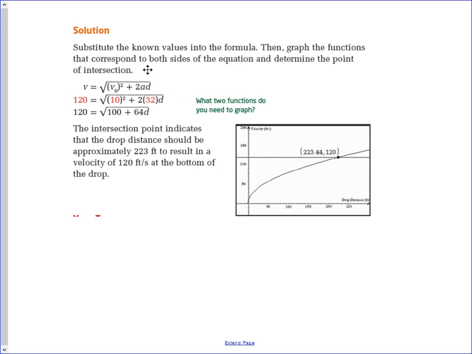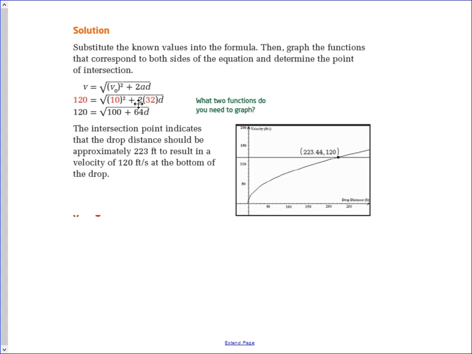What we want to do, I mean, this is a physics question. You know how to do physics. So this is almost, I don't know, kind of silly to do. So you could totally graph it by just substituting in everything that you know, and then moving the 120 to the other side of the equation.